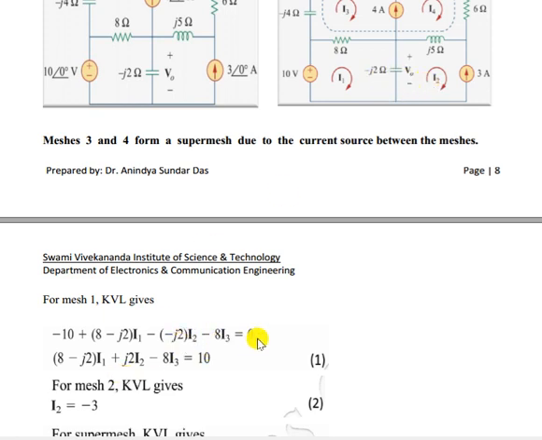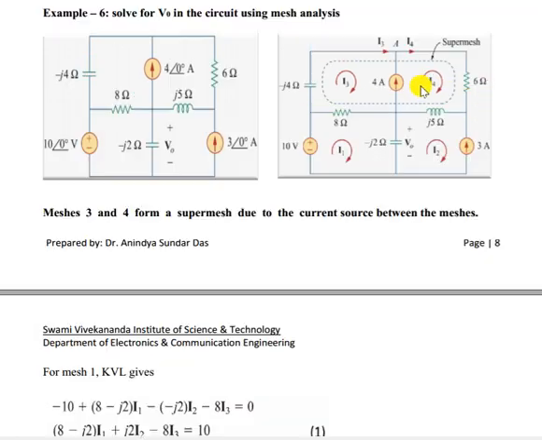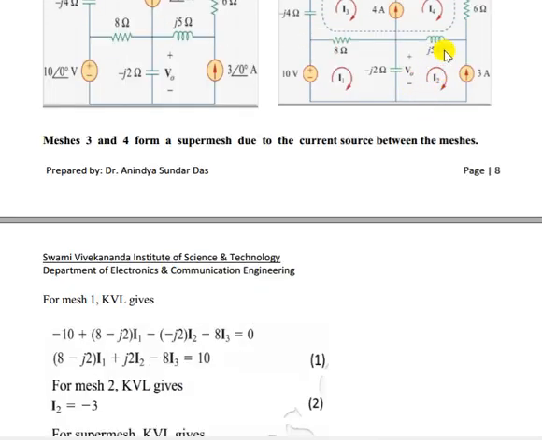Okay, that is the value. That is the common factor, so it appears with minus term. Now for mesh 3, I2 is nothing but minus 3 ampere, right? Because here we have a branch which is having a current source, and that is not common to any other meshes.